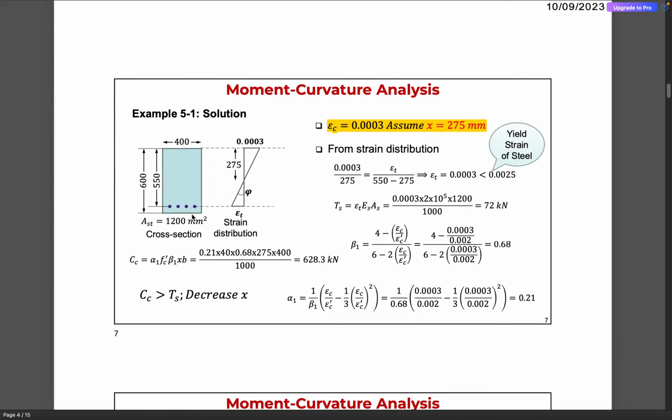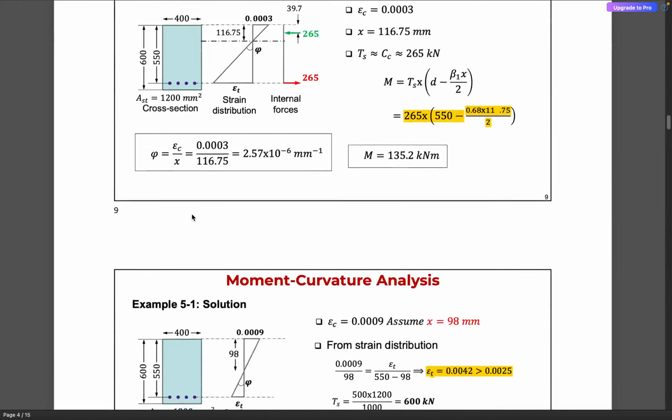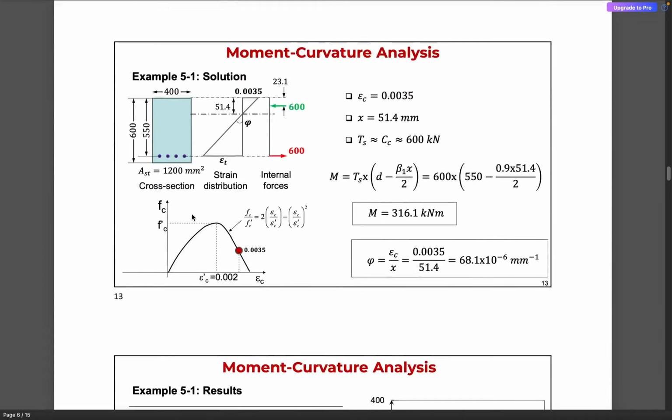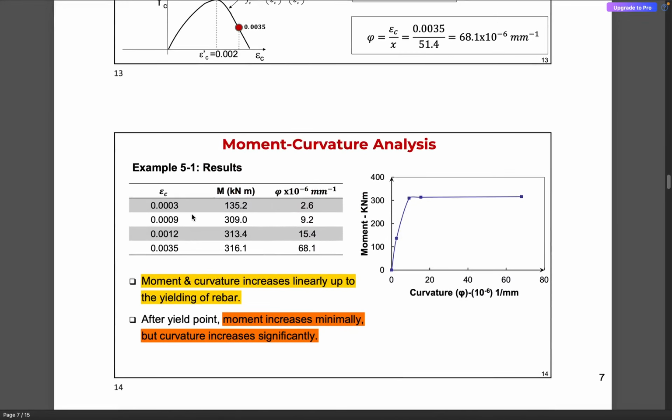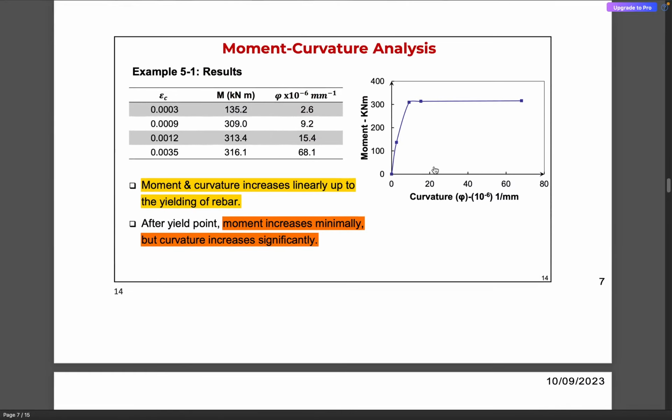I think the reinforcement is less than 1% of the cross section, and then we developed the moment curvature relation corresponding to different values of strain within concrete. So we obtained this moment curvature plot.